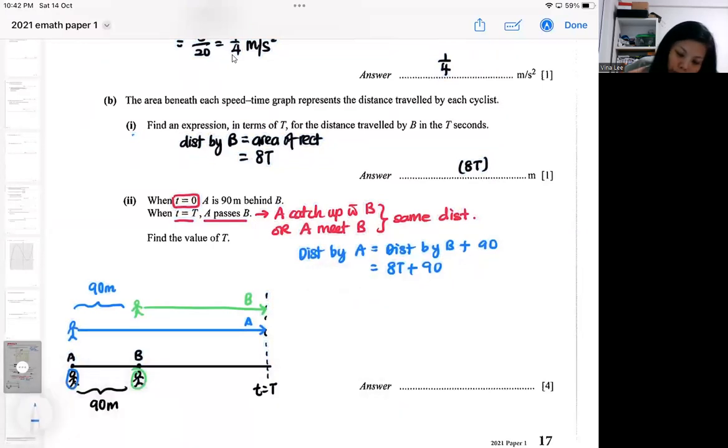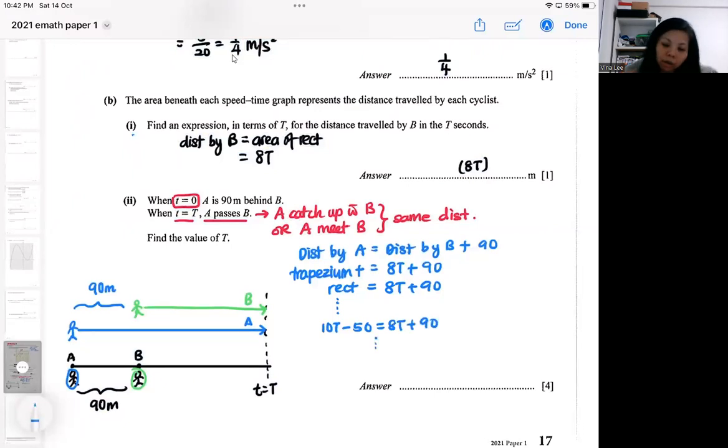So you need to work out the distance by A by doing a trapezium plus a rectangle. You can try to work out the trapezium and rectangle. If not, you see whether you will get it correct. You can refer to my answer sheet. Eventually you will get 10t minus 50 equal to 8t plus 90. From here, you can solve for your t in a normal equation. It will get you 70.